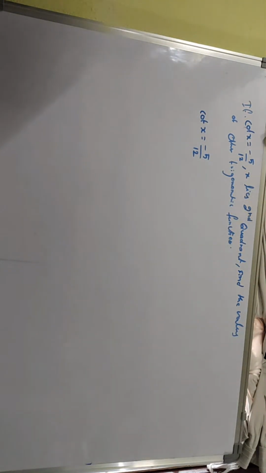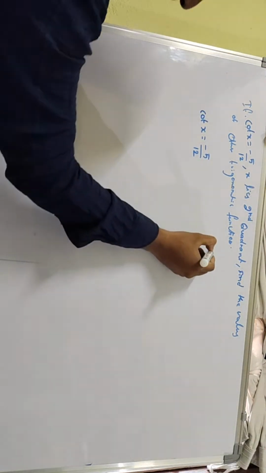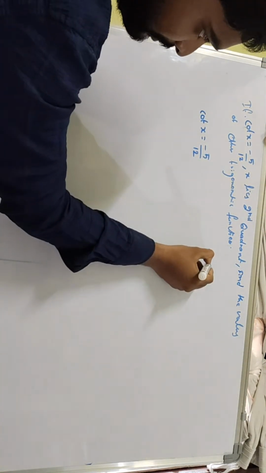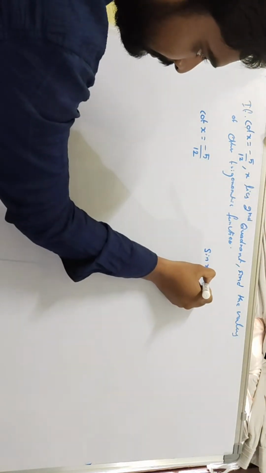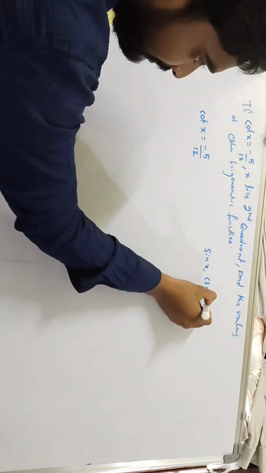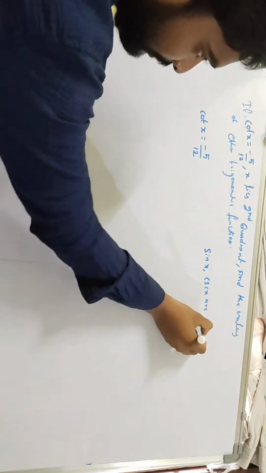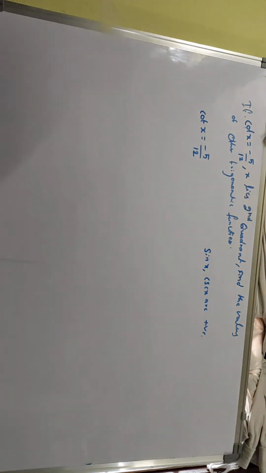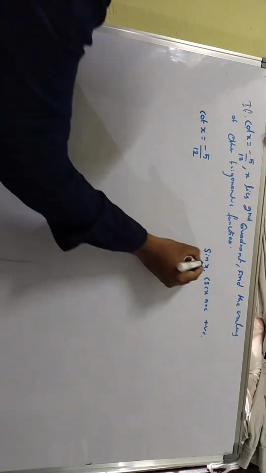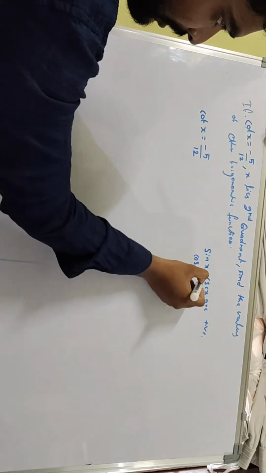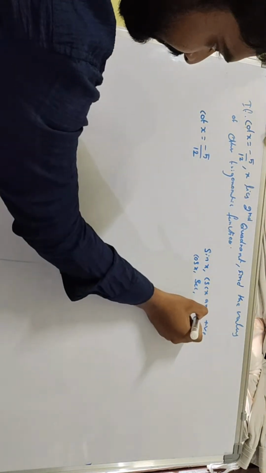For that purpose, first we find which trigonometric functions are positive in the second quadrant: sine and cosecant are positive, and cos and secant are negative.